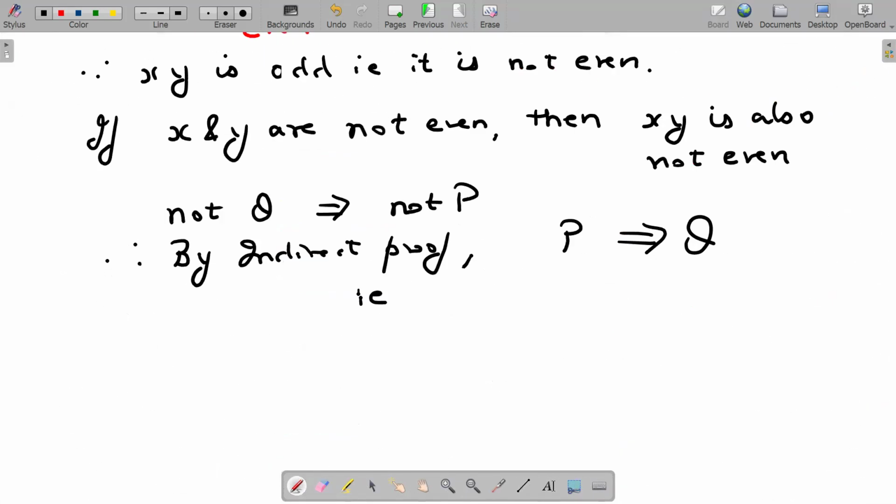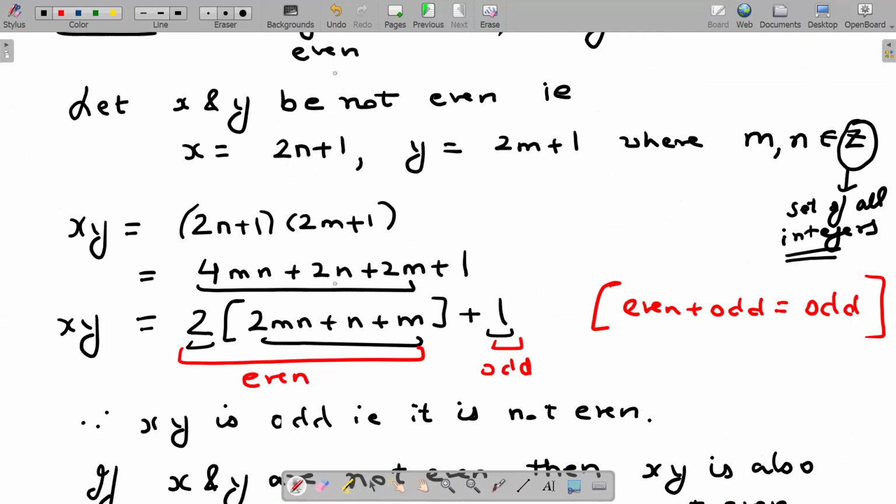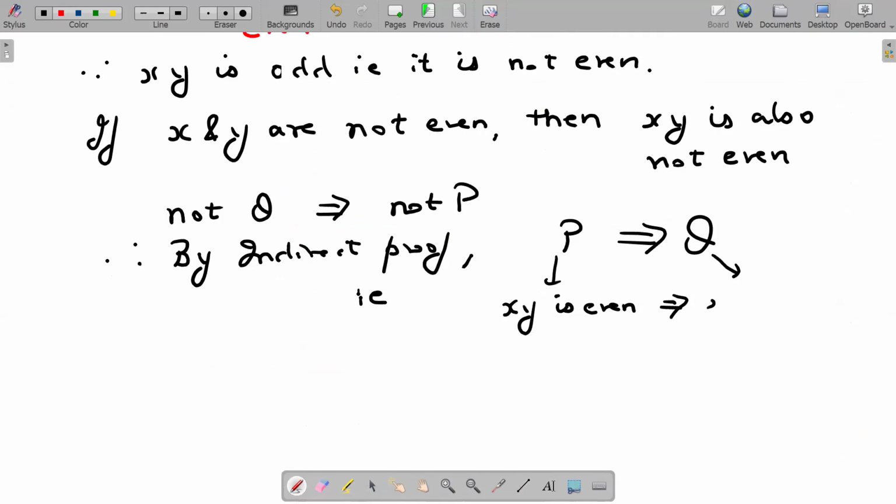The statement P was XY is even, which implies, what was the statement Q in the beginning? The statement Q was either X is even or Y is even. So I can write either X is even or Y is even. So we have proved it, hence proved.